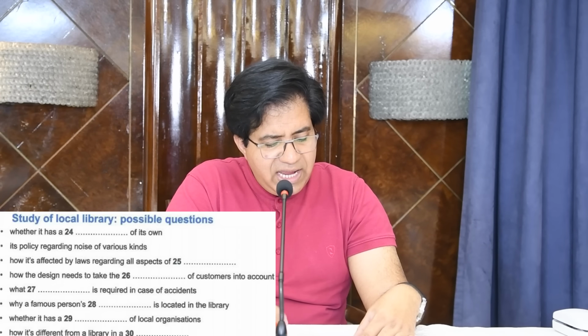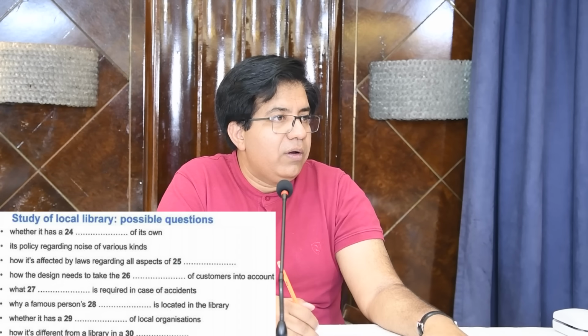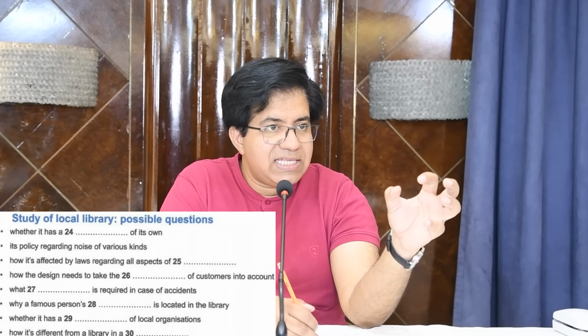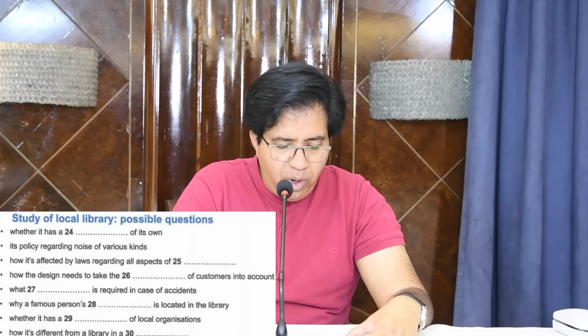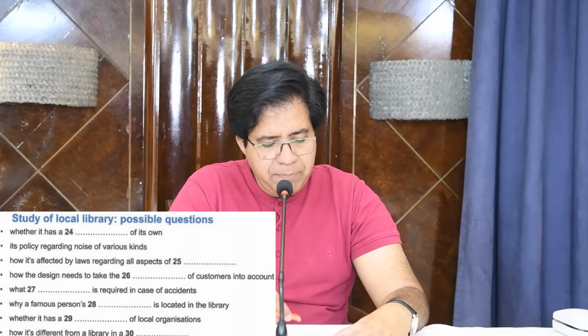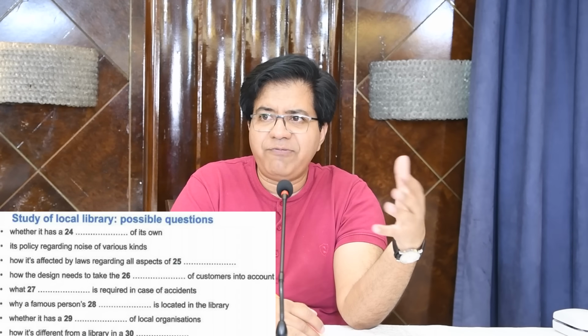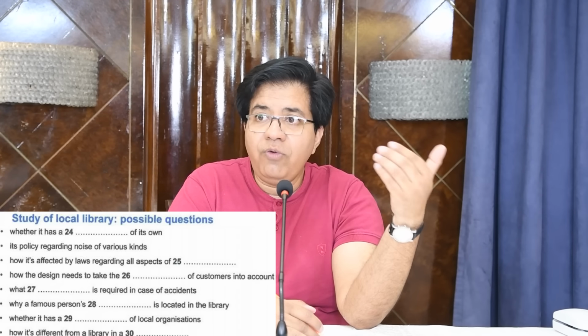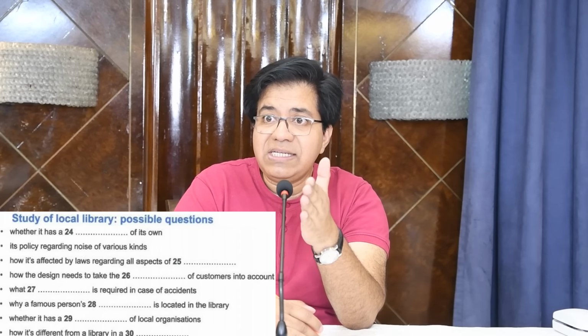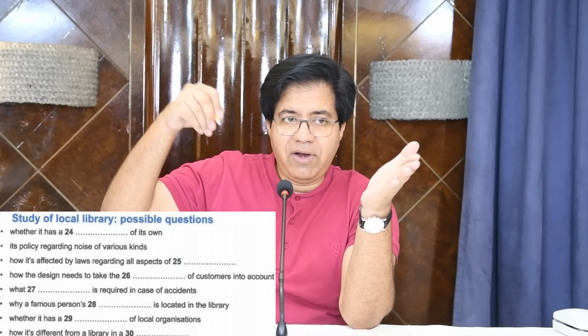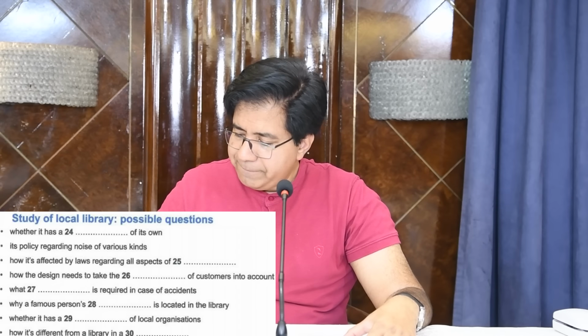So whether library has a dash of its own. And by the way, for its own, for example, the answer is Wi-Fi. Library has its own Wi-Fi, or library's Wi-Fi.